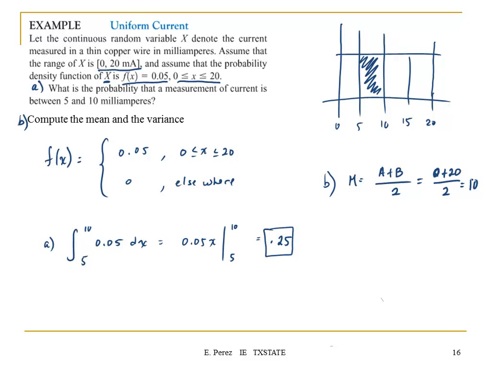So 10. And the variance, 20 minus 0 squared divided by 12. So this is 33.33 mA squared.